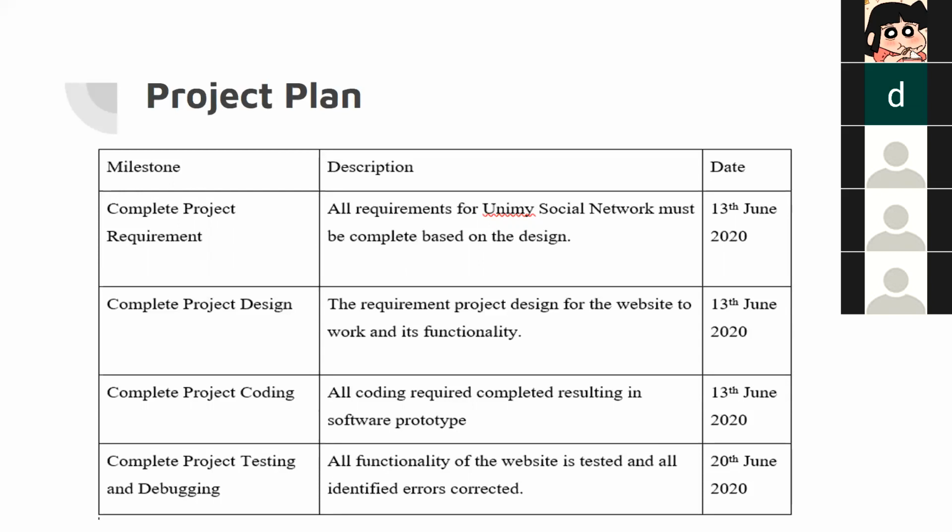And the coding must result in a software prototype, to be completed on 13 June 2020. And the testing, project testing and debugging, where all functionality of the website is tested and all identified errors corrected, needs to be done before 20 June 2020.